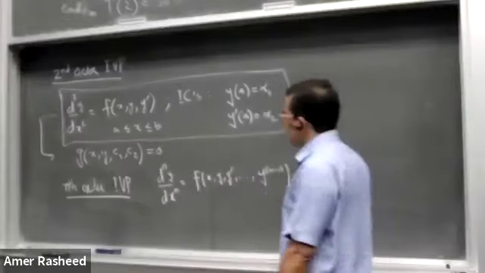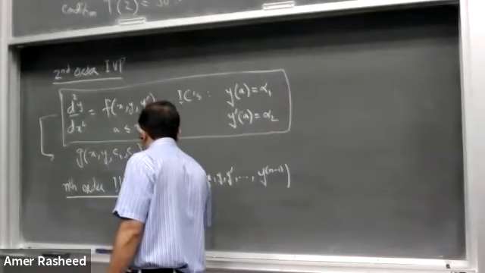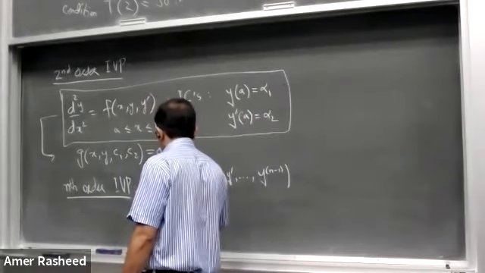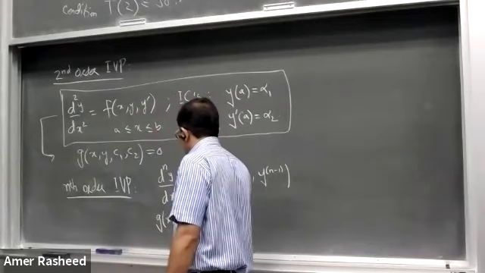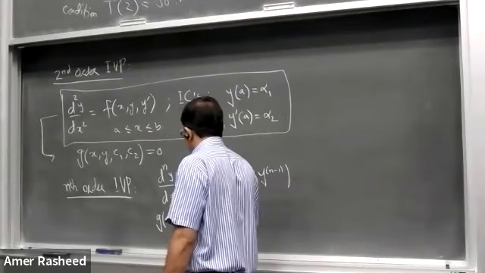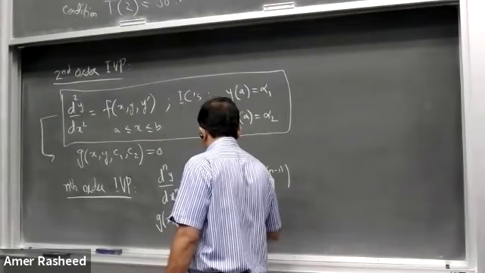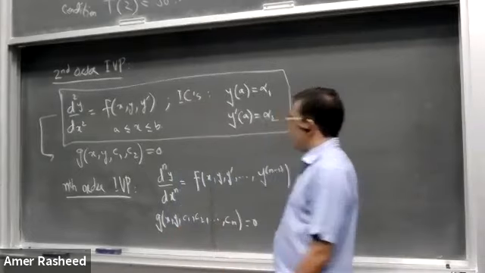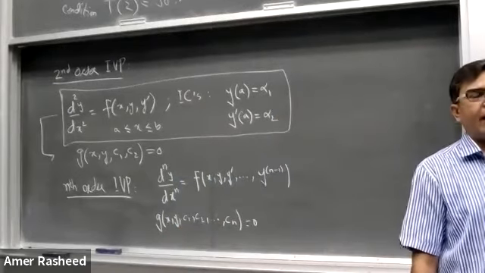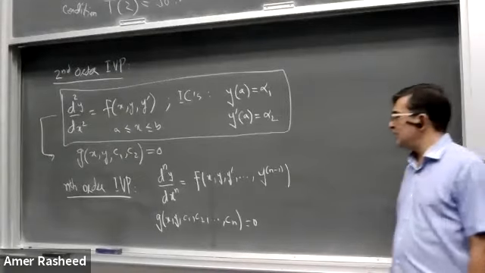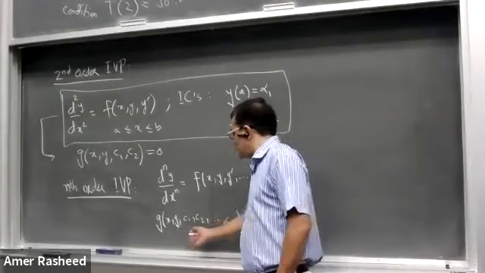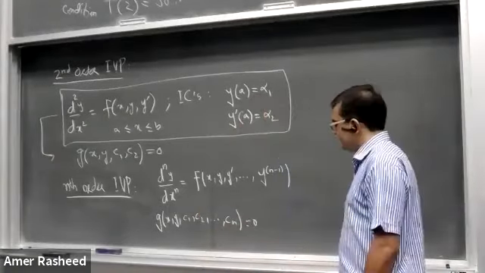Now, the solution of this differential equation involves how many constants? n constants: f of x, y, c1, c2, and so on, cn is equal to 0. How many initial conditions do we need in order to compute the values of these n constants, n parameters?